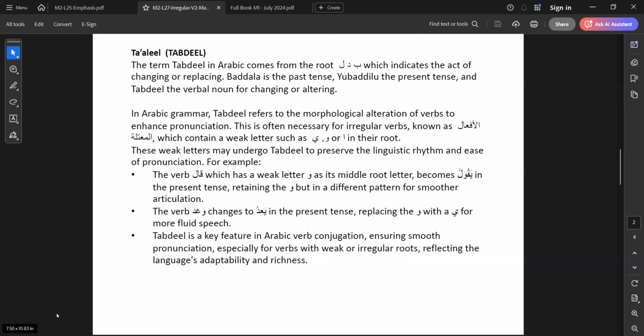And in Mu'tal, you've got weak letters, waw or ya. And Muda'af, you've got letters repeating.